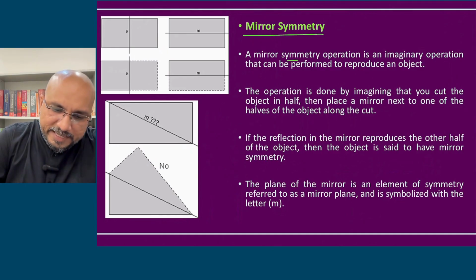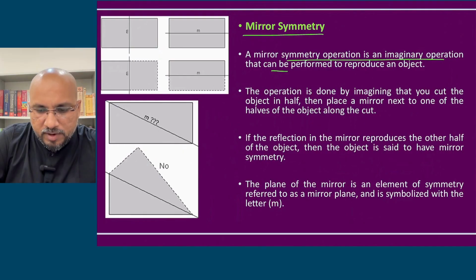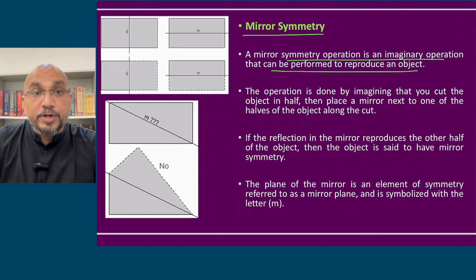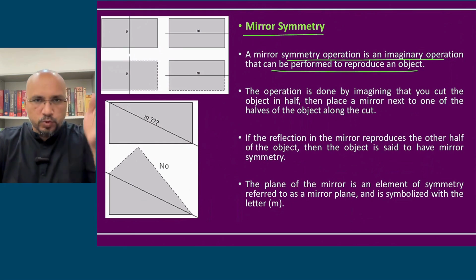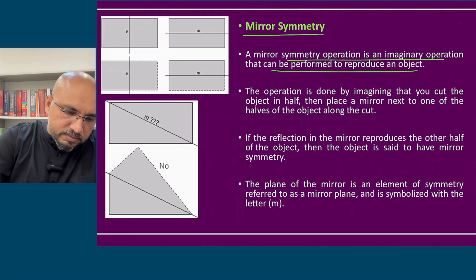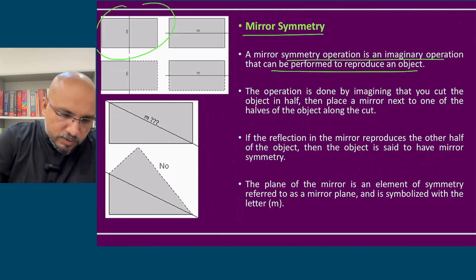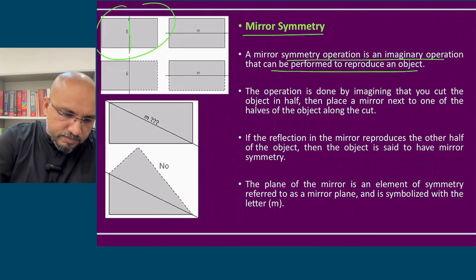A mirror symmetry operation is an imaginary operation that can be performed to reproduce an object. For example, mirror symmetry means you cut an object from the center. Here is your example, you have cut it from the center.